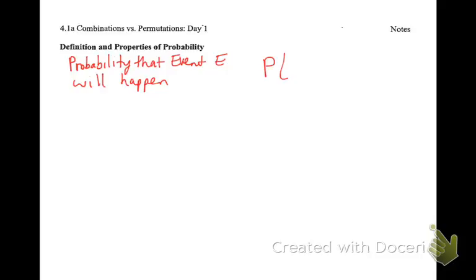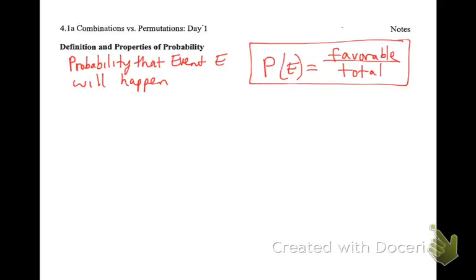The probability that an event E will happen is going to be notated by the probability of E is equal to the favorable outcome divided by the total. That is what the definition of probability is.